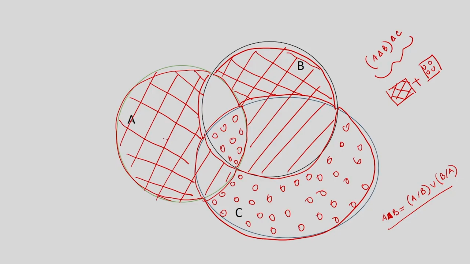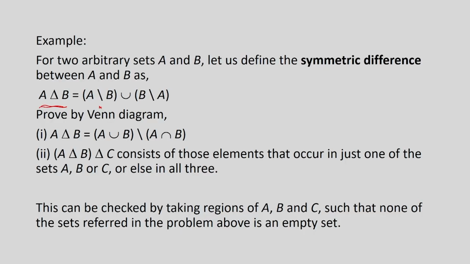They either belong to A exclusively, or they belong to B exclusively, or they belong to C exclusively, or fourth possibility is that they belong to all of them simultaneously, A and B and C. This is the grand intersection, right. So, we have proved what we were supposed to prove, because that is written here, that A delta B delta C consists of those elements that occur in just one of the sets A, B or C, or else in all 3.